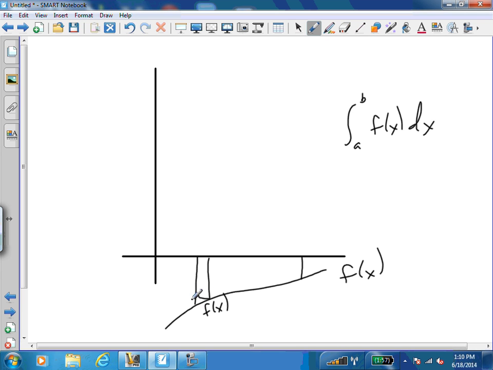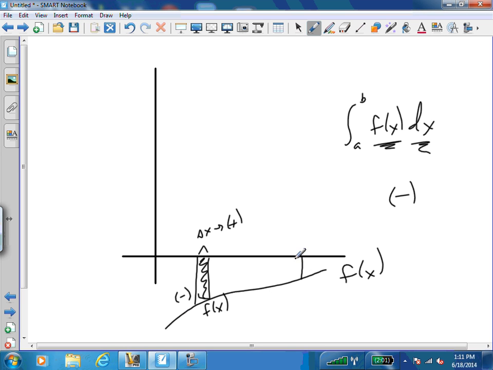If that y value is negative, well, our delta x, that's positive. When we do our y times our delta x, negative times positive gave us a negative value for each of those areas.